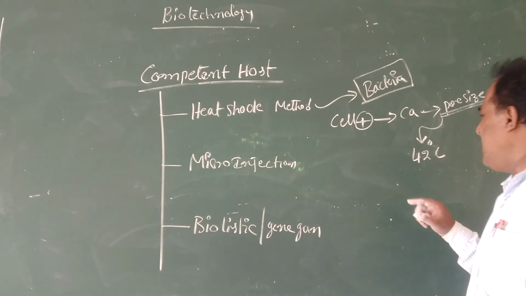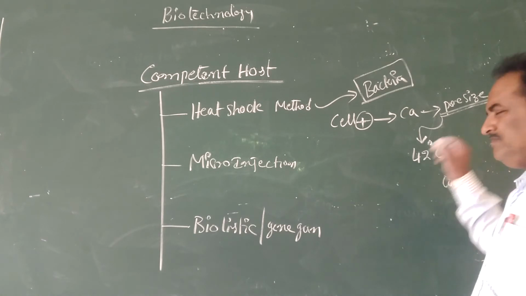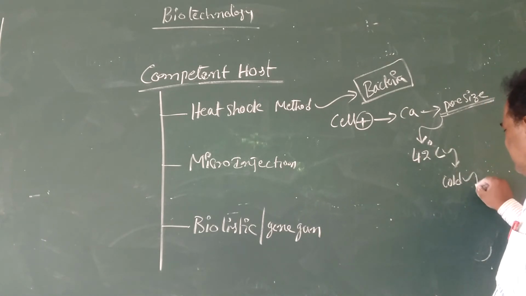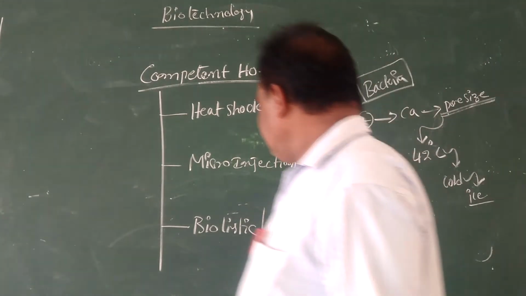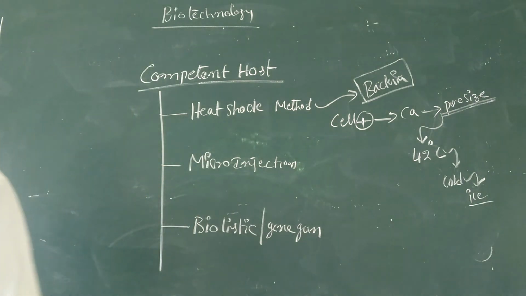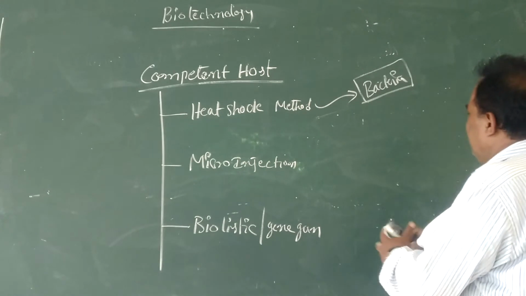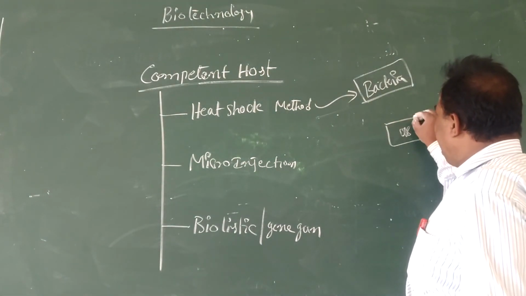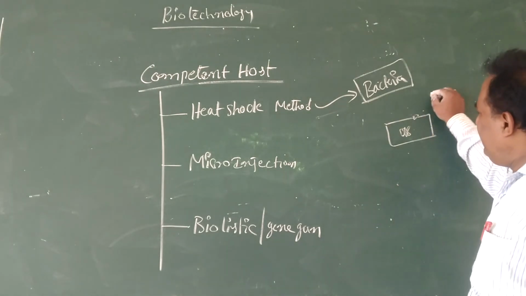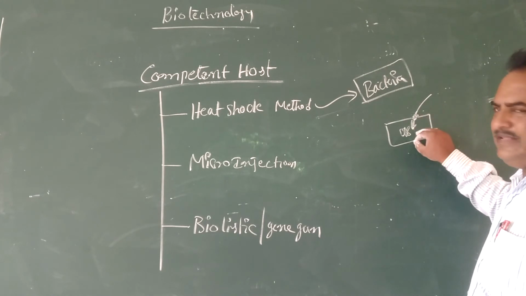Then it is suddenly cold treated in ice. This is the method called the heat shock method. In this method, the pore size of the bacterial cell increases, and rDNA is easily inserted into the bacterial cell.